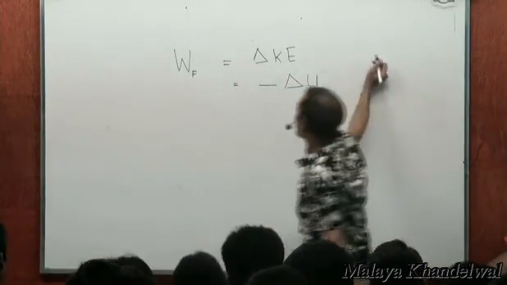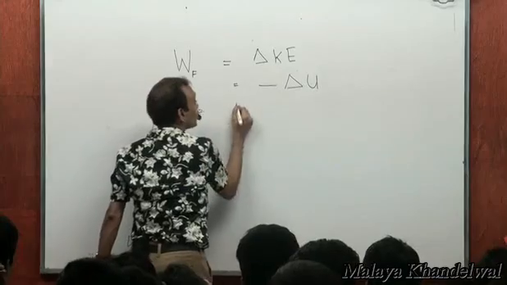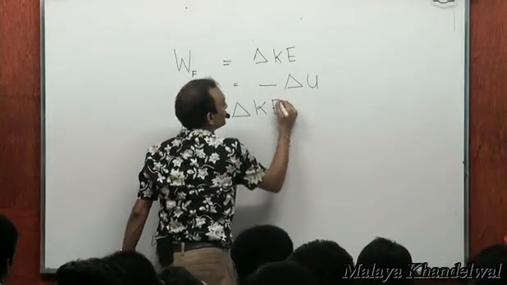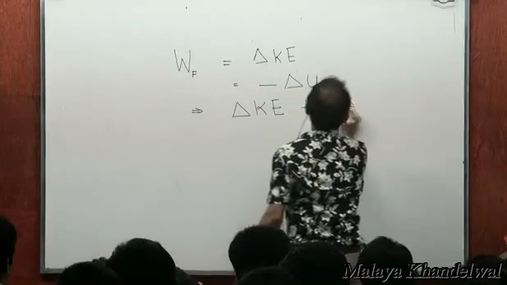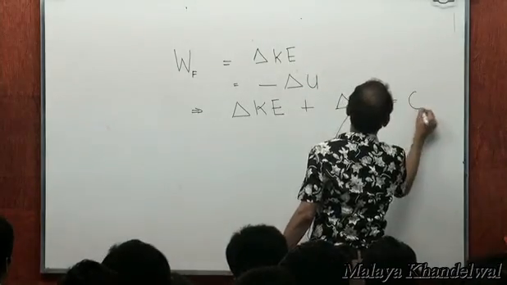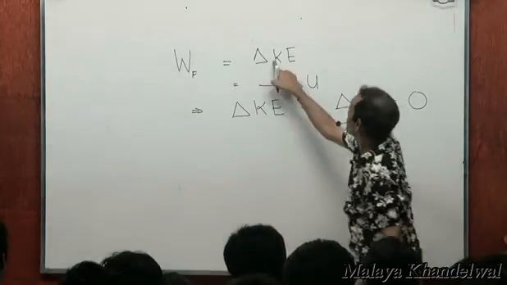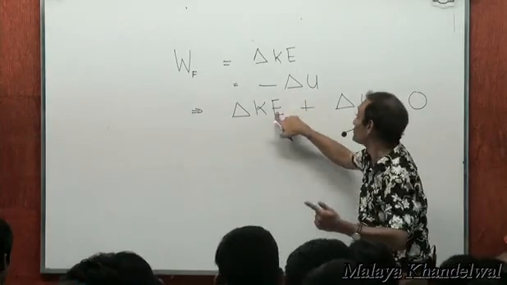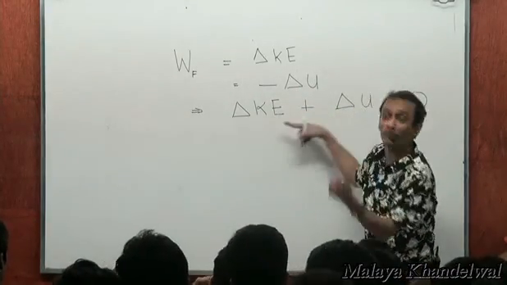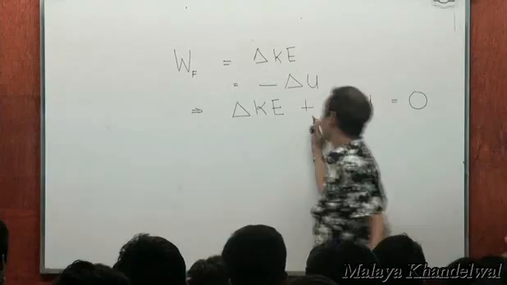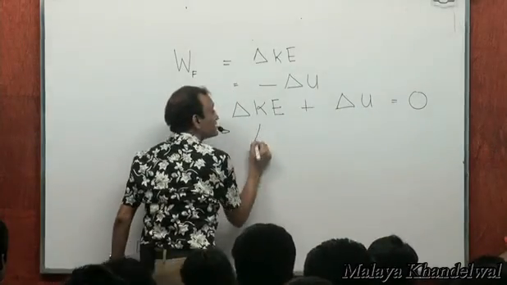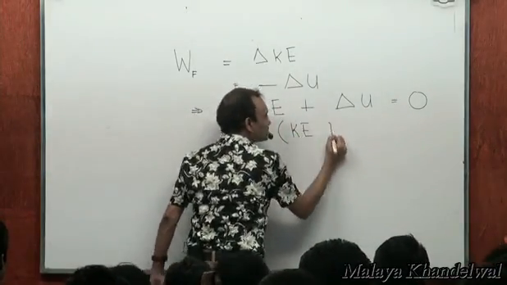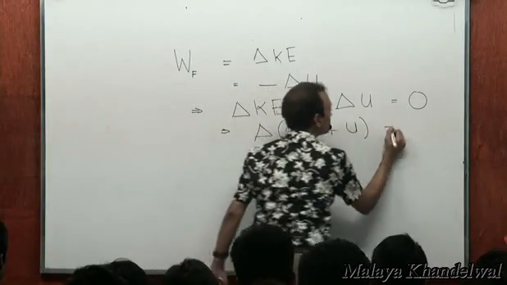Yes or no? That means in a conservative field, change in kinetic energy plus change in potential energy will always be 0. So any change here must be at the expense of this, or vice versa.